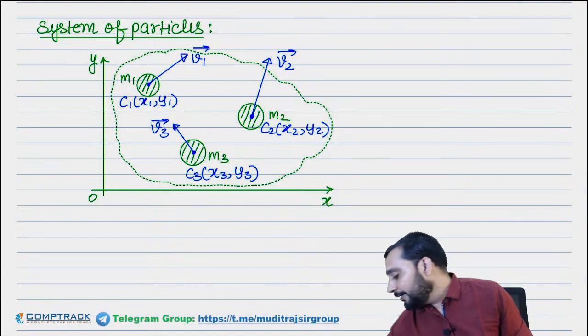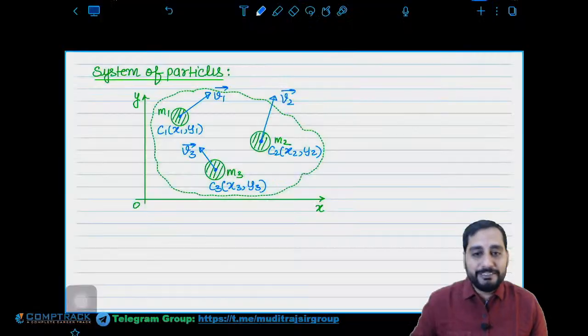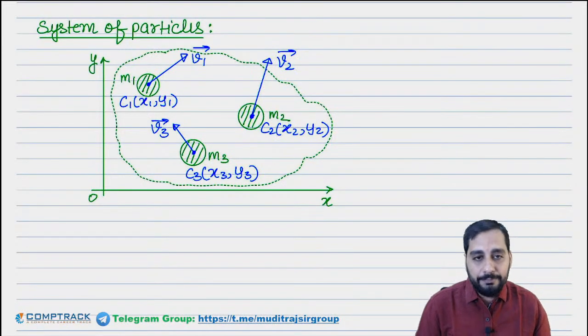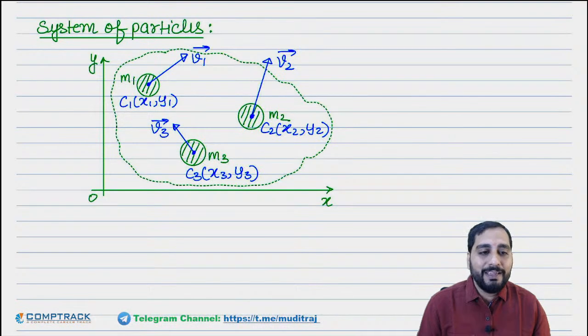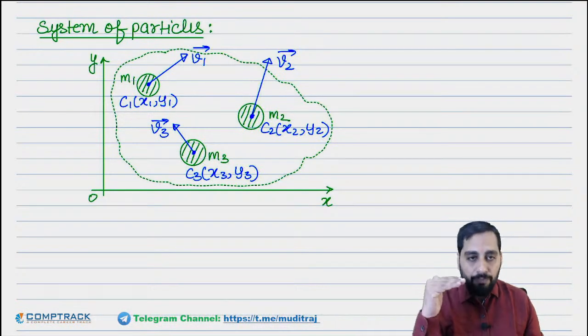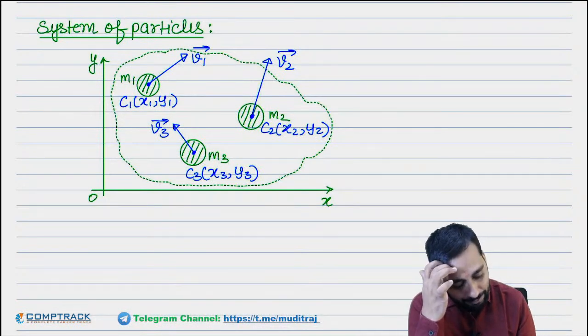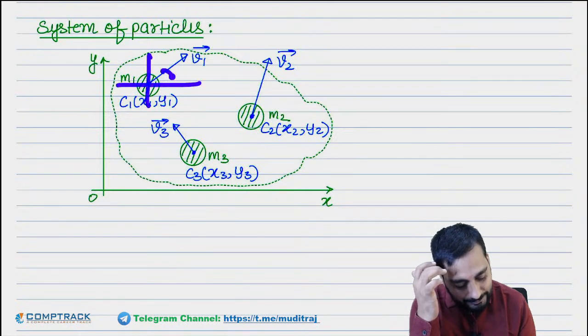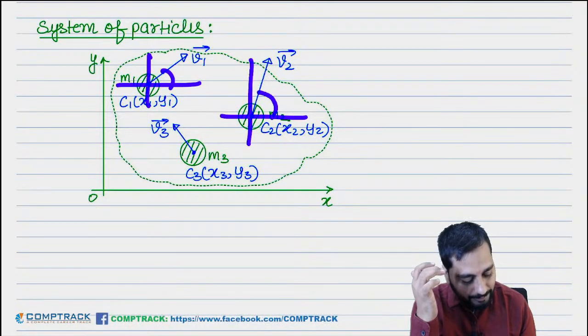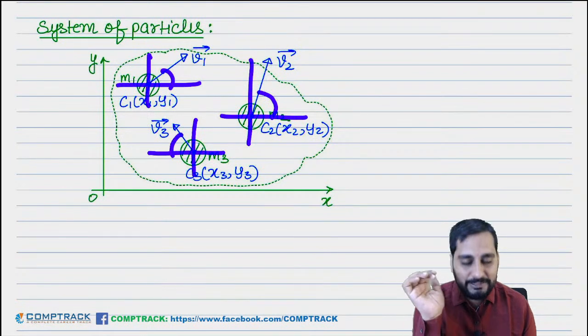Let's say these velocities are making some angles: this one makes angle theta from the x axis, this one beta, and this one gamma.